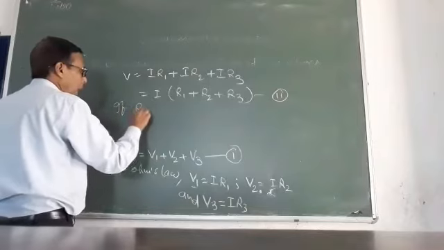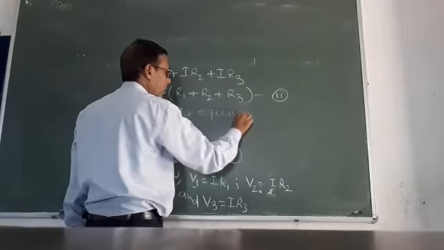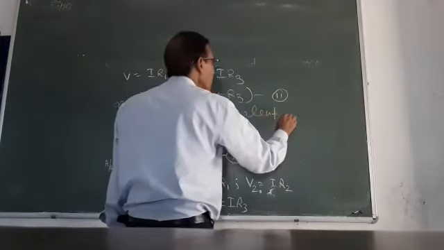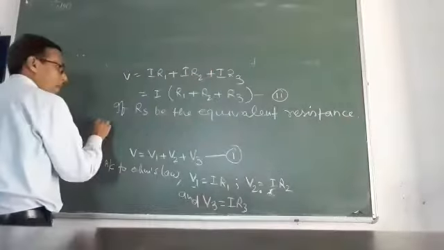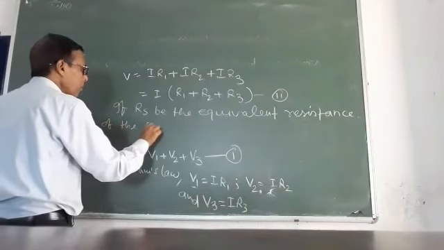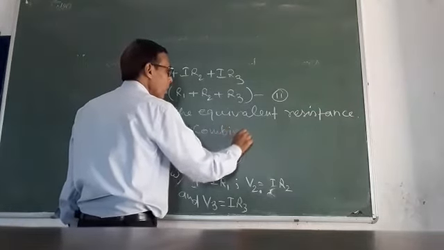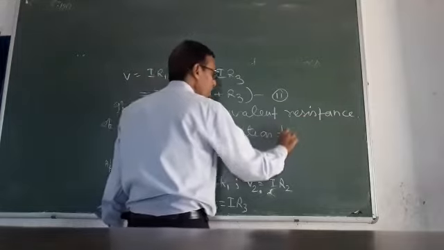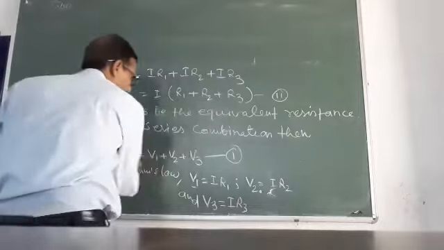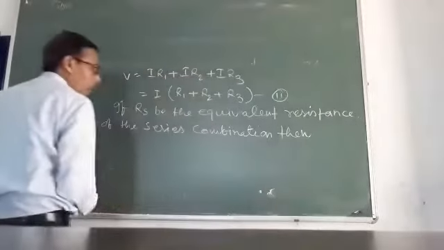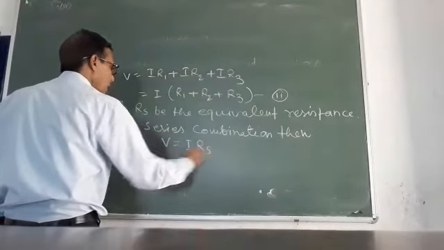If Rs is the equivalent resistance of the series combination, then V is equal to I Rs.